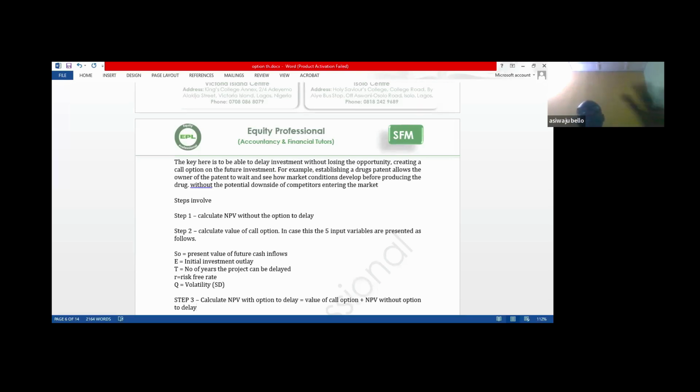These are the 3 steps required if you are faced with a question on option to delay.